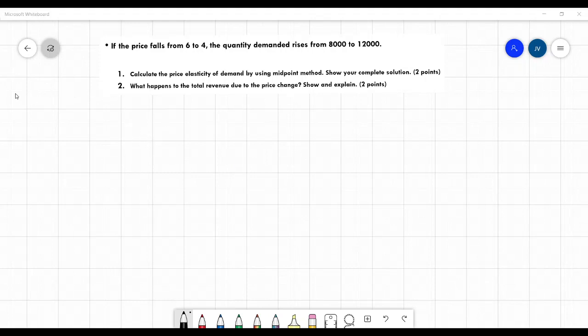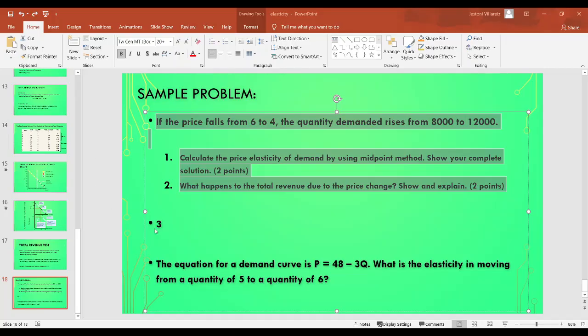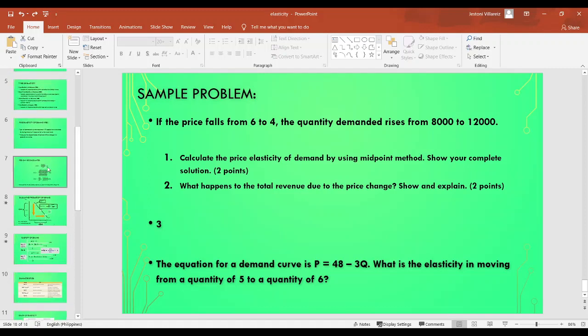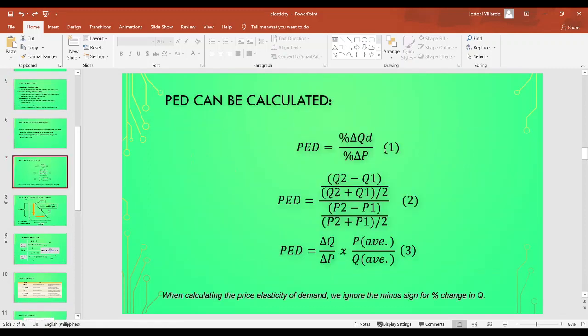So first, we can use either the general equation, equation 2 or equation 1. Again, still remember the three equations in calculating our PED. So it depends on what is given. So you can use either of the three.